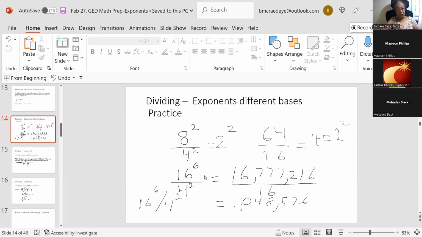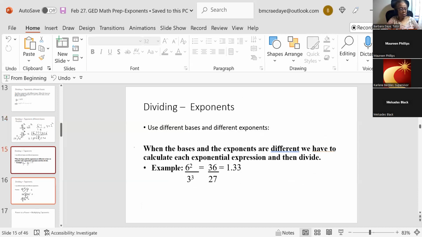But if you have different bases, different powers, then you've got to evaluate. Or if you had different bases, same power, you divide the bases and then apply the power. All right, so we looked through the rules. There it is.